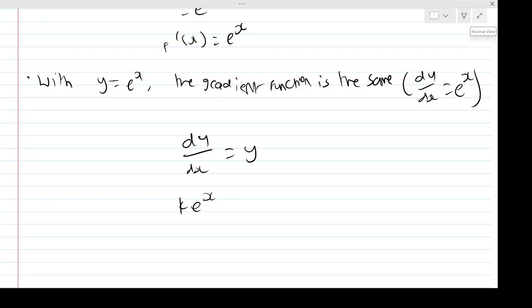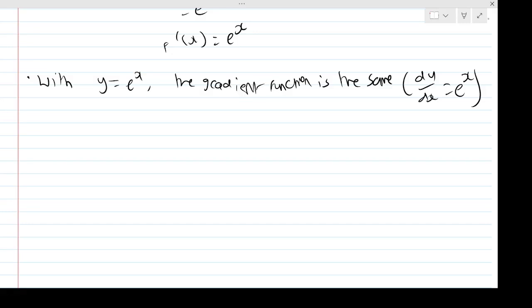For example, with 2x squared, I can just ignore the 2, and x squared would be 2x, so 2 lots of that is 4x, right? So I can add a constant on. But the idea is that for e to the x, the derivative is the same, and it's the only type of function where that is true. So it's quite a special result.